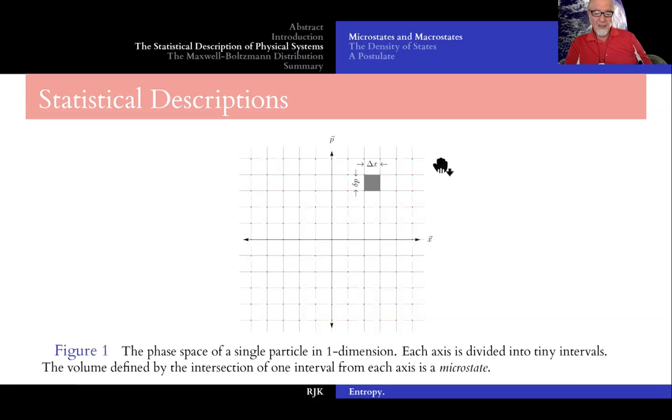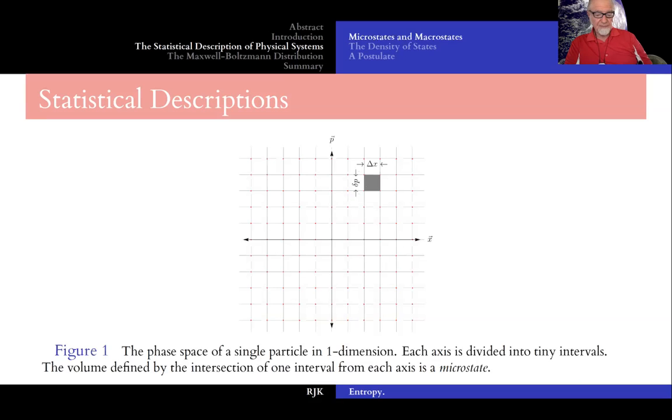So the bin size for the space, or the lattice spacing, is delta x for the x position, and delta p for the momentum space.